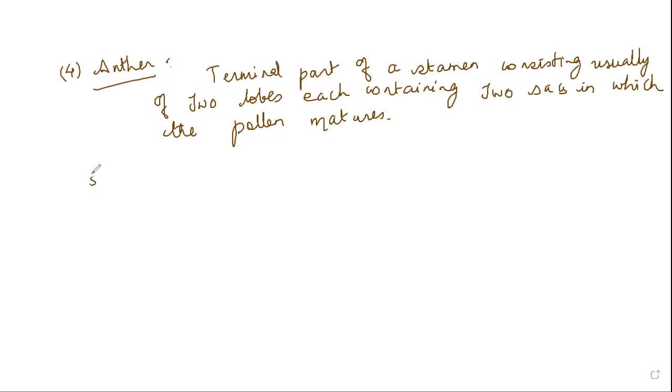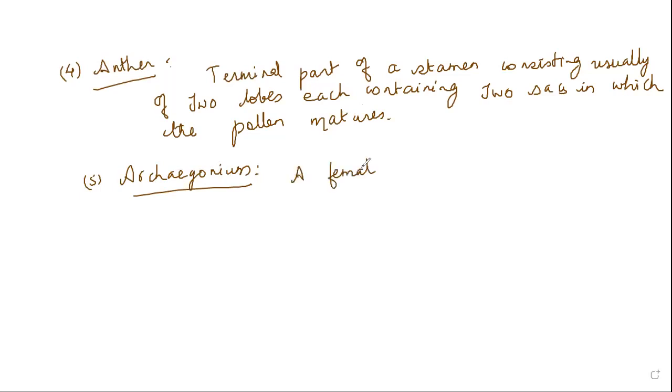Next, we'll see Archegonia. It is a female sex organ occurring in mosses, spore-bearing vascular plants, and gymnosperms that produces a single egg cell in its swollen base. Now, what is Archegonium?